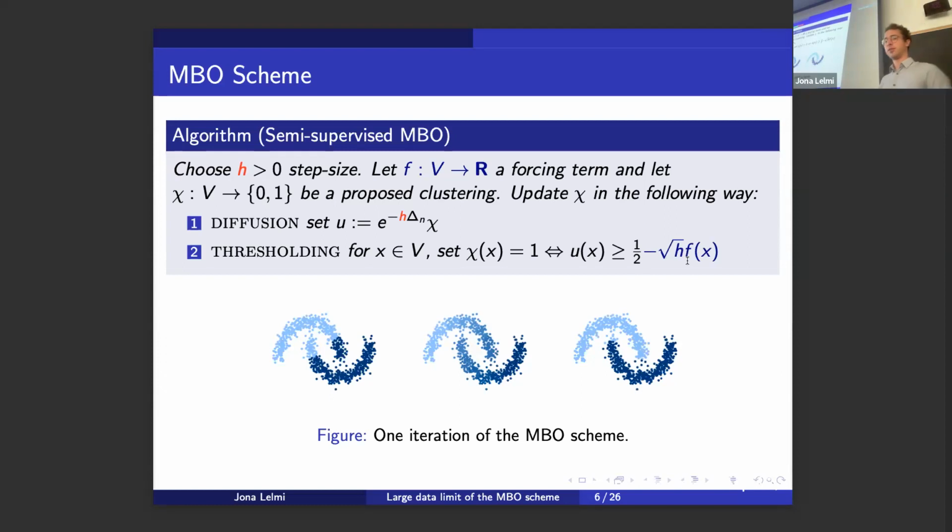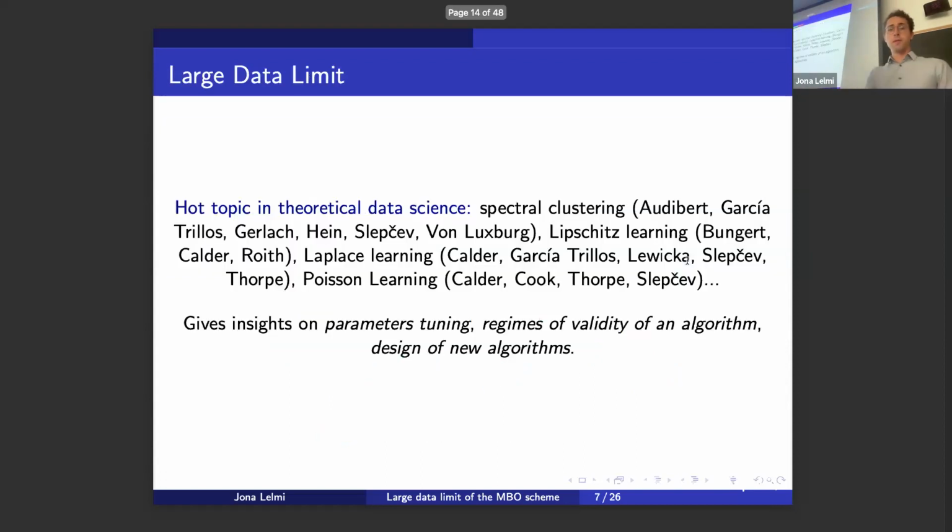Now, if x is a point which I know has to have the value 1, then I could choose f to be very large so that this value becomes essentially negative, and this condition is then always satisfied so that the value 1 is enforced. Okay, so this is the basic idea to include prior information about known data points.